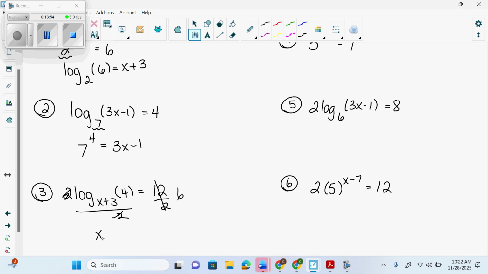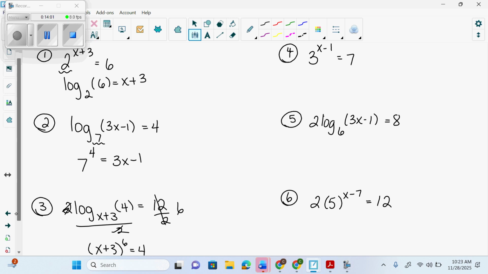X plus 3 is my base. 6 is my exponent. It equals 4. This one doesn't have a log, so I'm converting it to a log. So log base 3, what goes beside it? 7, and it equals x minus 1. This one you divide by 2, so it becomes a 4. So I get 6 to the power of 4 equals 3x minus 1.